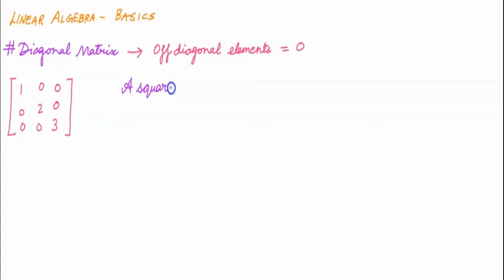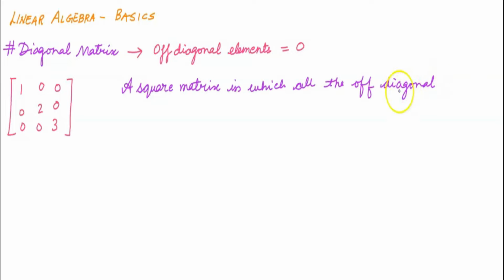In simpler words, the statement is: a square matrix in which all the off diagonal elements are 0 is known as a diagonal matrix.